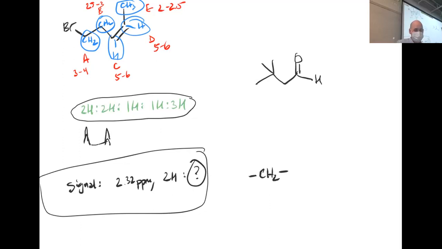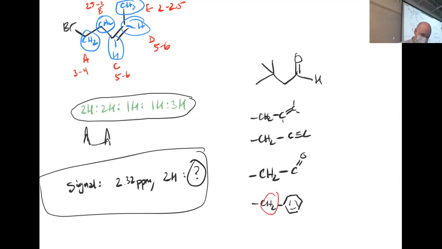Seeing a signal at 2.32, it doesn't tell you which one it's next to, but it tells you that it's next to one of those things. So it could be this, or it could be this, or it could be this, or it could be this, but it's one of these things.